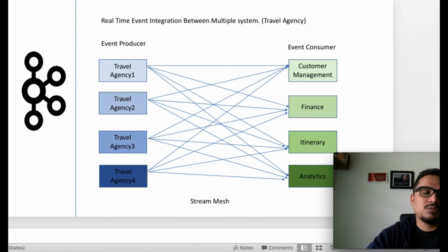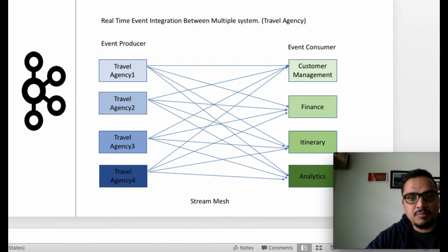Suppose one customer goes online and books at the travel agency in India, booking his travel plan. He's sending data in real time to these consuming applications or services. So data is flowing from one system to another, but this integration is very tightly coupled.